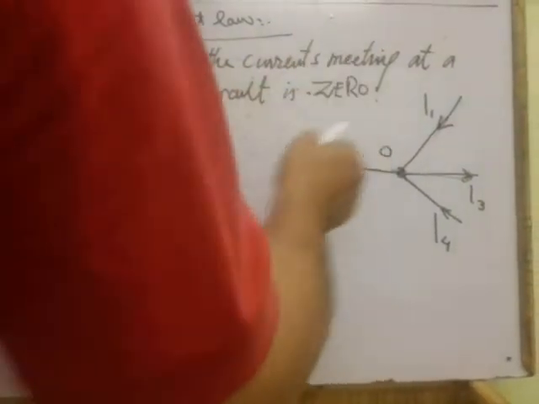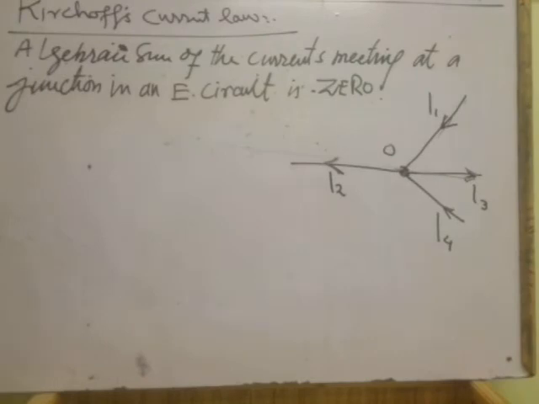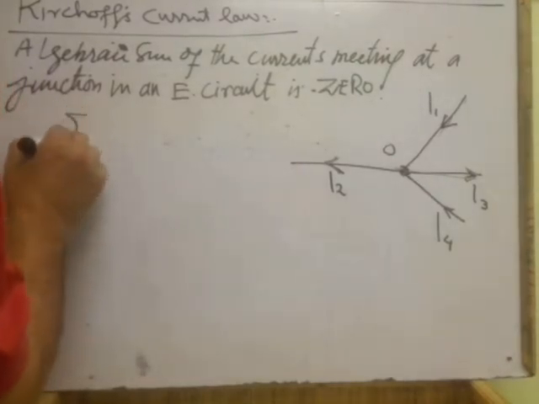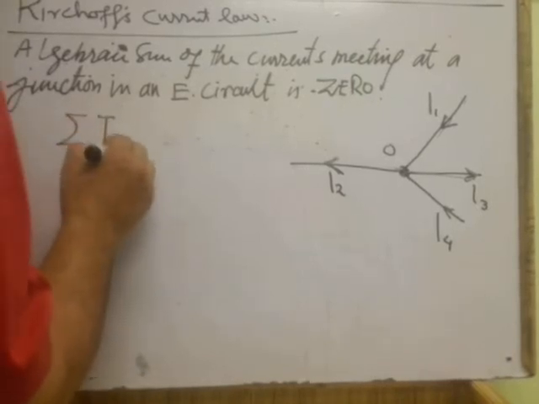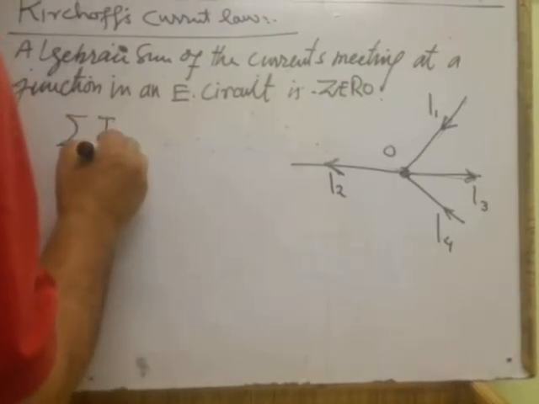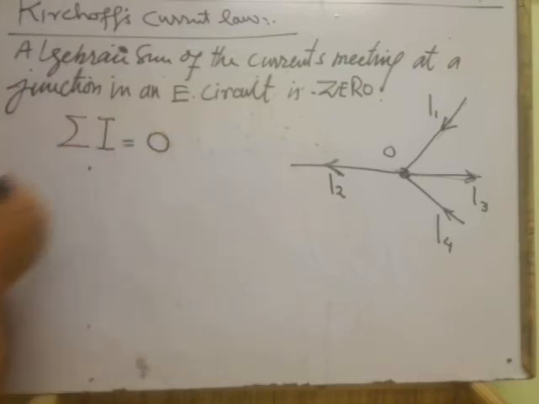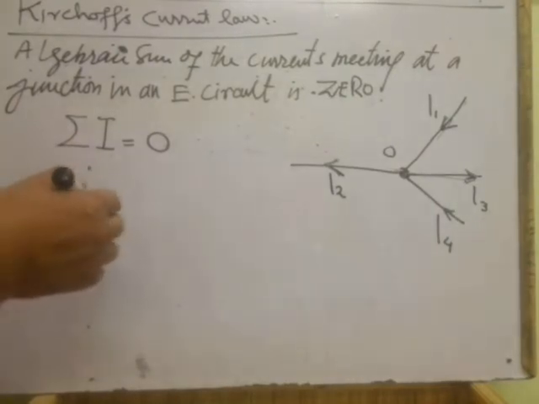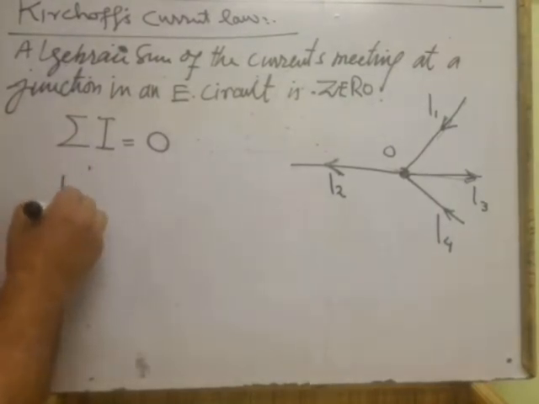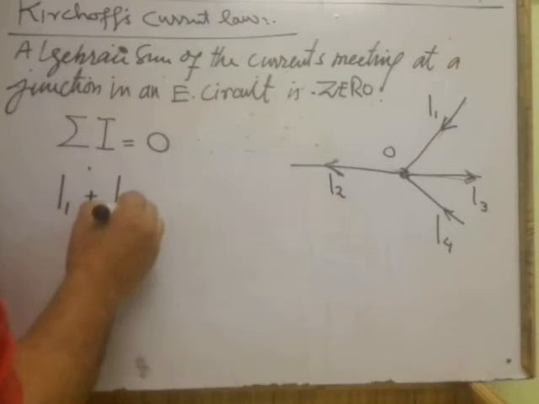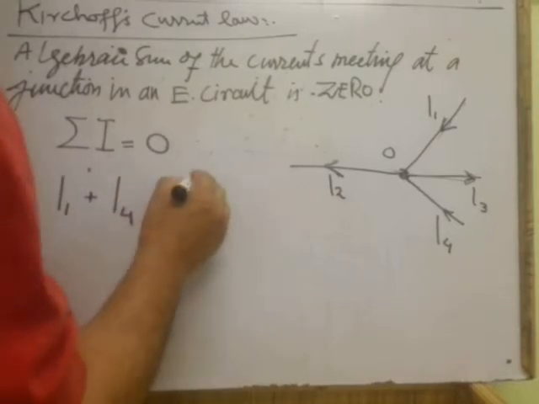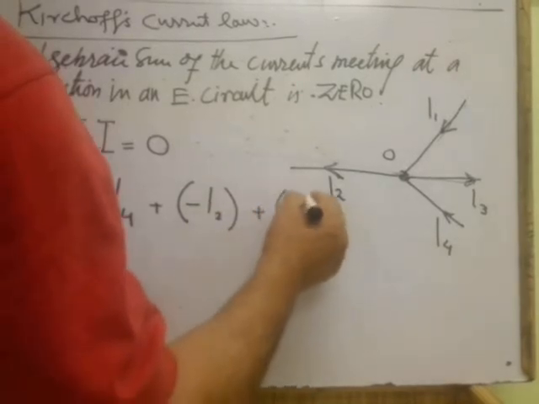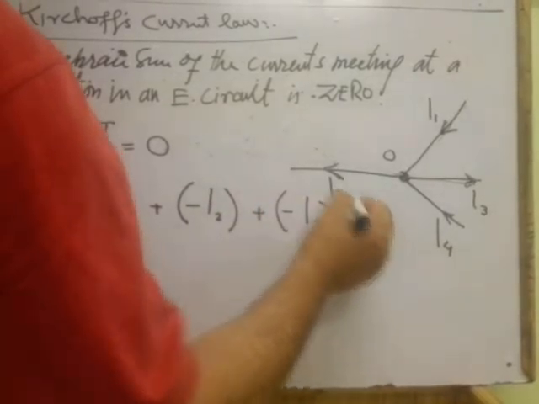By the use of Kirchhoff's current law, we can simply write that the sum of all the currents meeting at a single junction in an electric circuit is 0. According to this diagram, I1 plus I4 minus I2 minus I3 is equal to 0.